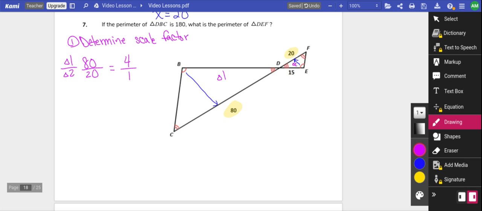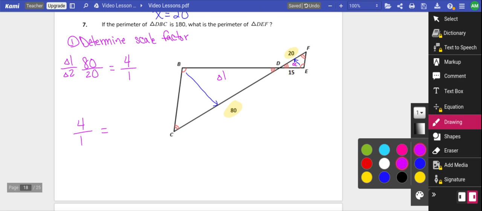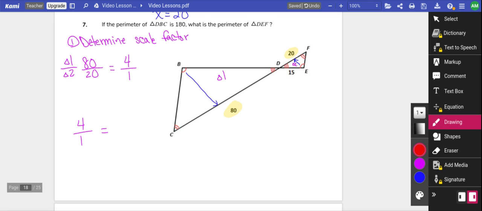Now that I have the scale factor, I can set up a proportion comparing my scale factor to the perimeters, because the ratio of the scale factor is the same as the ratio of the perimeters. The perimeter of triangle 1 is 180, so I'm going to put that on top because we kept triangle 1 on top in the first ratio.